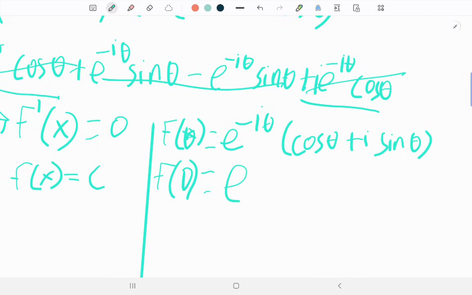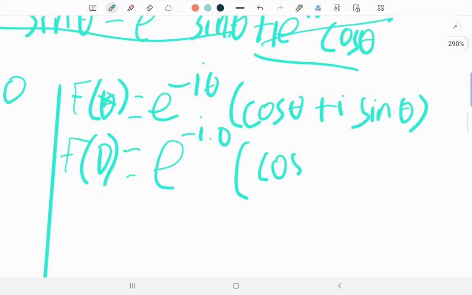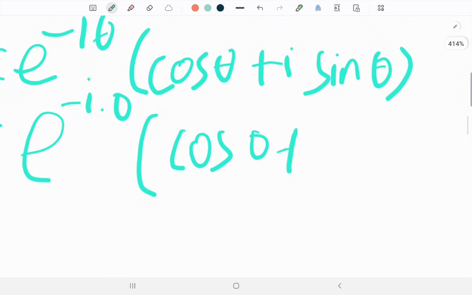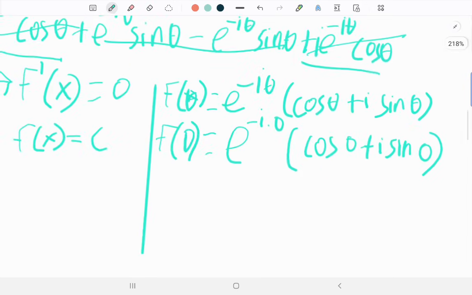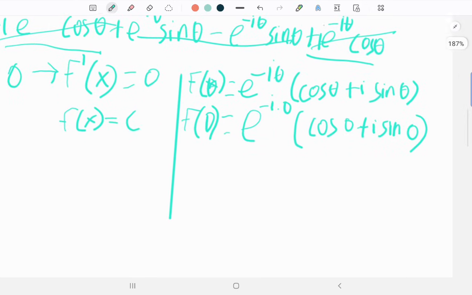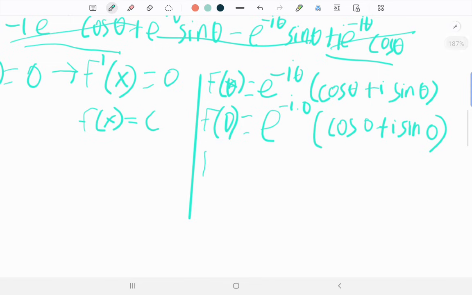So e to the negative i times 0 times cosine of 0 plus i times sine of 0. If you still remember the trigonometric tables, we can see that f of 0 is equal to 1 times cosine of 0, which is just 1, plus i times sine of 0.